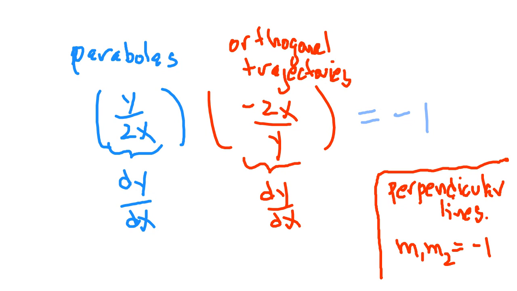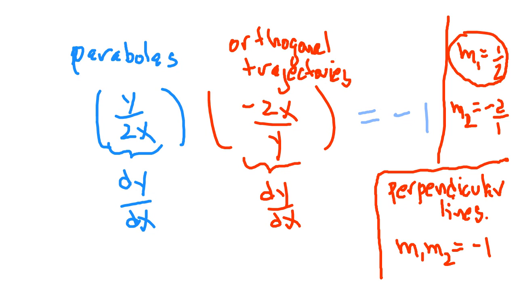If you have a line where the slope equals a half, the perpendicular line would have the slope equal to -2 over 1. If one of the lines has a positive slope, going upward, the perpendicular line has to have a negative slope, going downward. Okay, Yonatan's good. Excellent.